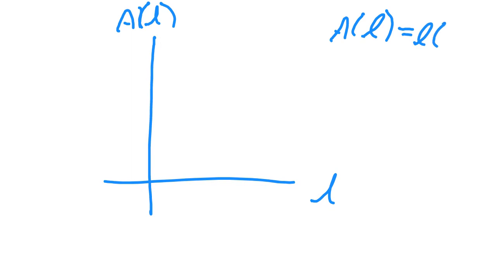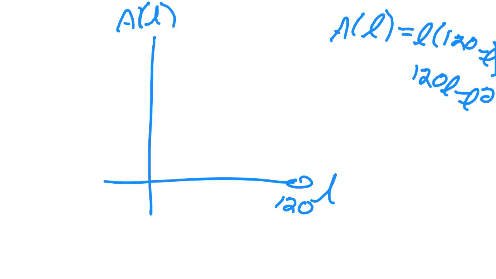And once again, if I've got L and then A of L here. Now remember, we could go between 0, not including 0, and what was A of L? A of L was L times 120 minus L, or like we said, 120L minus L squared. Upside down parabola, but if I go out to 120, I'm going to be at 0. If I go at 0, I'm going to be at 0, and we could come up with, hey, what's the vertex?